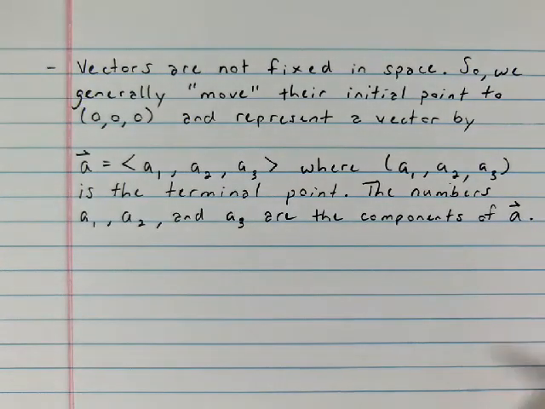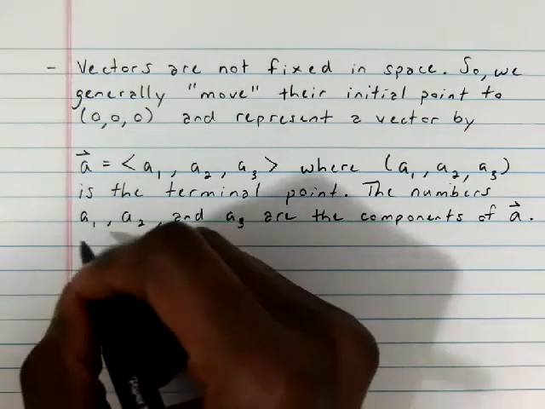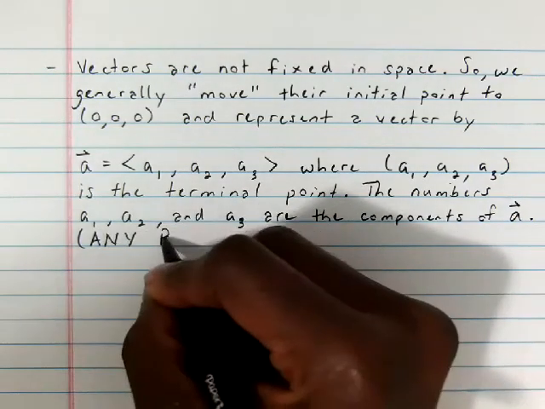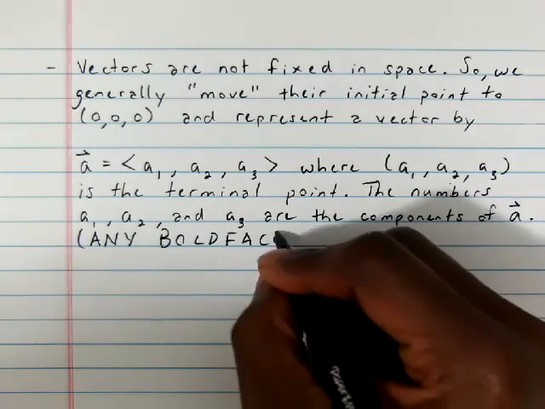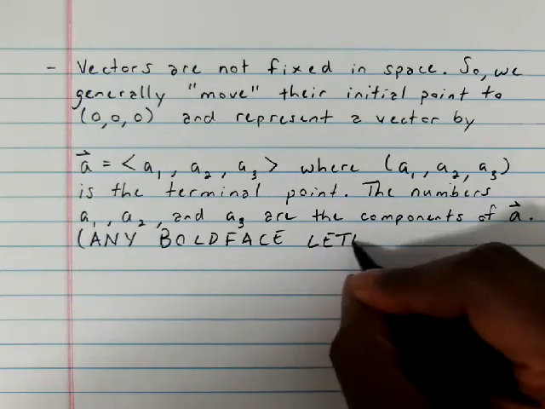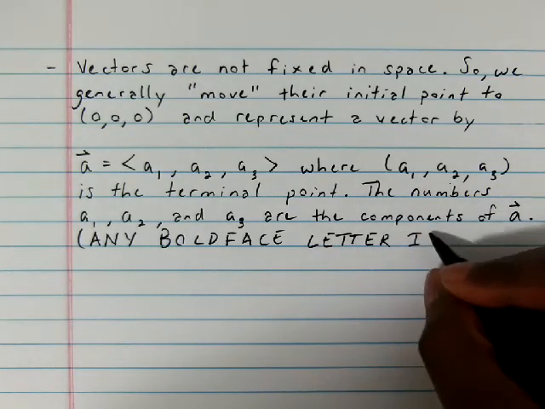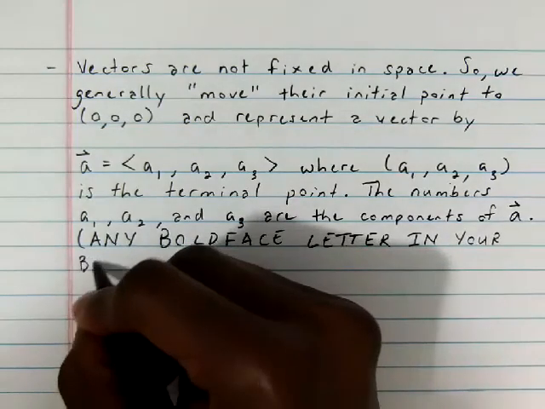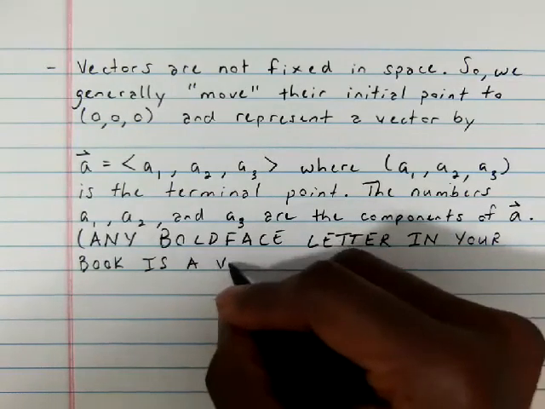Now I mentioned this a little bit earlier, but I'm going to put it in all caps here so that it doesn't get overlooked in the textbook, hopefully. Any boldface letter in your book is a vector.